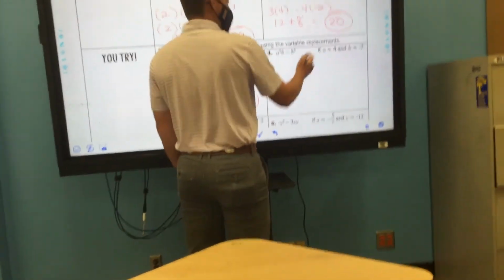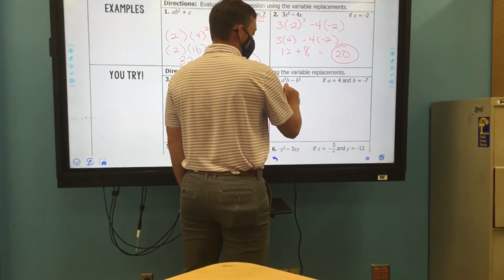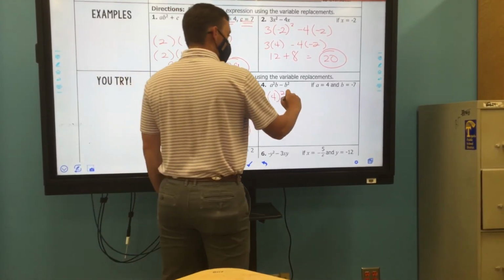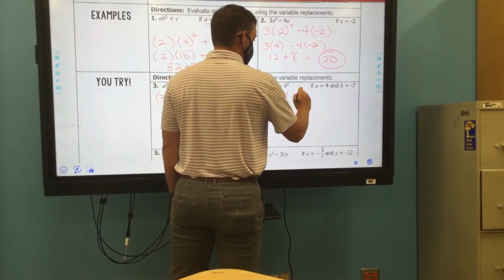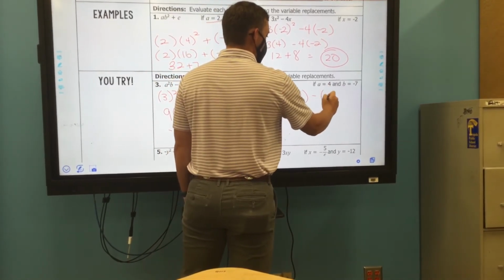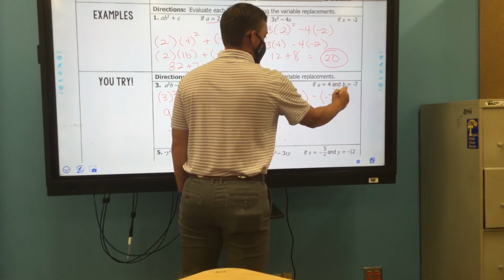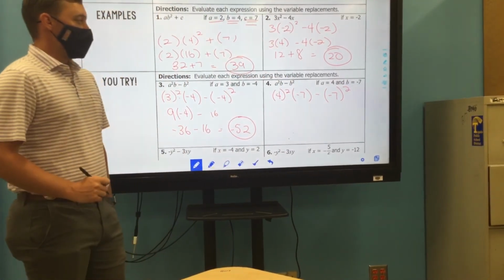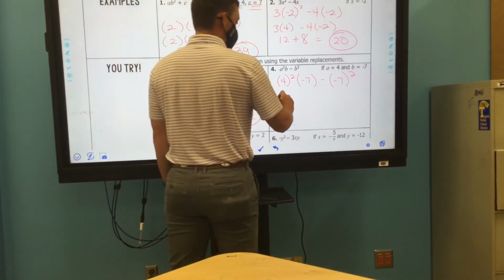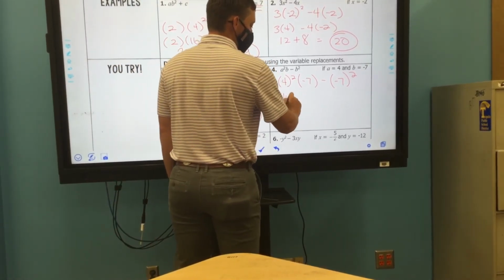All right, so a is equal to 4, so we have 4 squared, just plugging that in for a. Times b, which is negative 7, minus b squared, so you're going to have negative 7 squared. Order of operations is our exponents. 4 times 4 is 16.